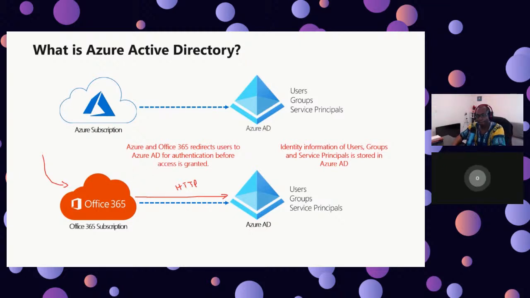If you don't have an Azure subscription, you might not be able to use Azure as your own infrastructure for your enterprise or small business. You might not be able to do some other things like going to the portal, etc.